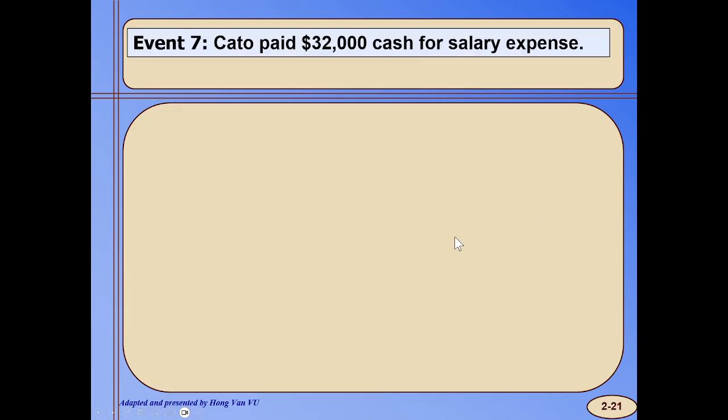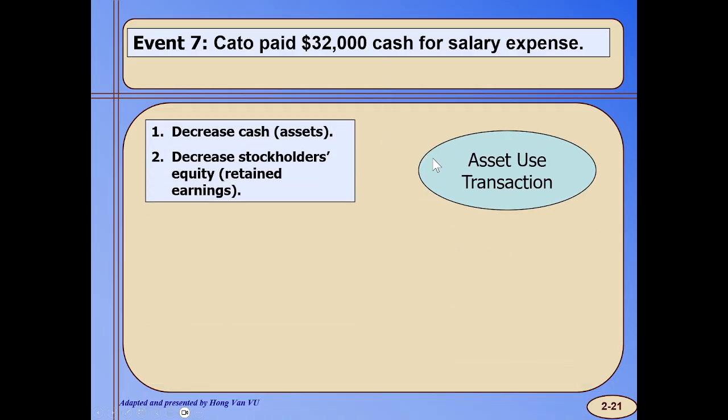Now transaction number 7, the company paid 32,000 cash for salaries expense. This transaction decreases the cash asset account and decreases the retained earnings stockholders' equity account.